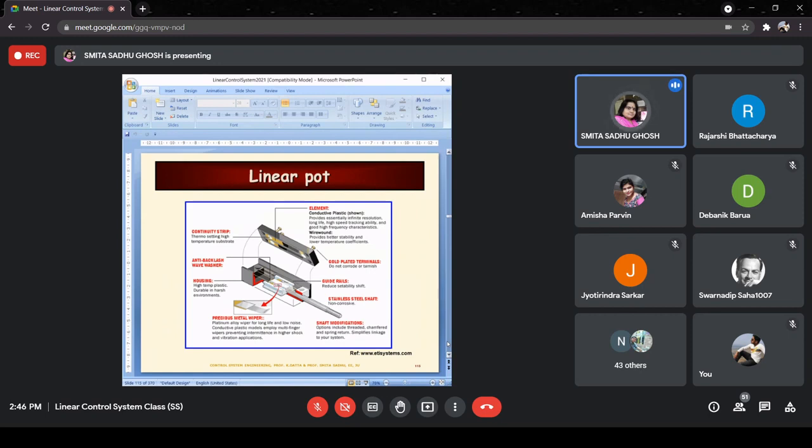This is a photograph, not exactly a photograph, but half of it, you can say it's drawn like a photograph. It's taken from a website, and it shows you the picture of a linear potentiometer. Need not go into too much detail, but it's there with you in case you want to refer to what exactly goes inside.